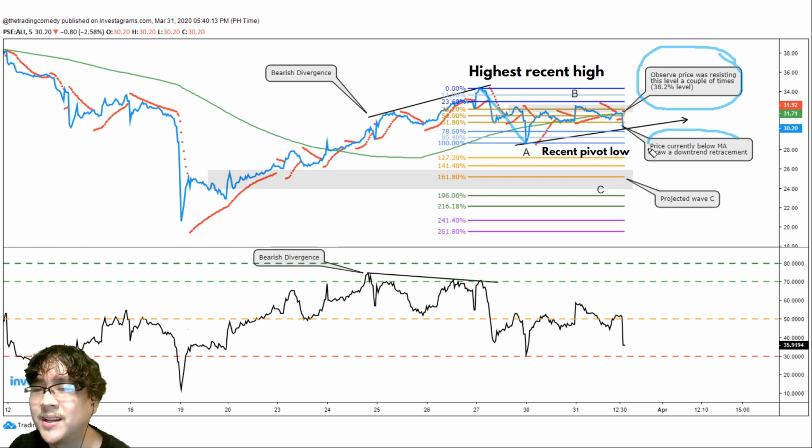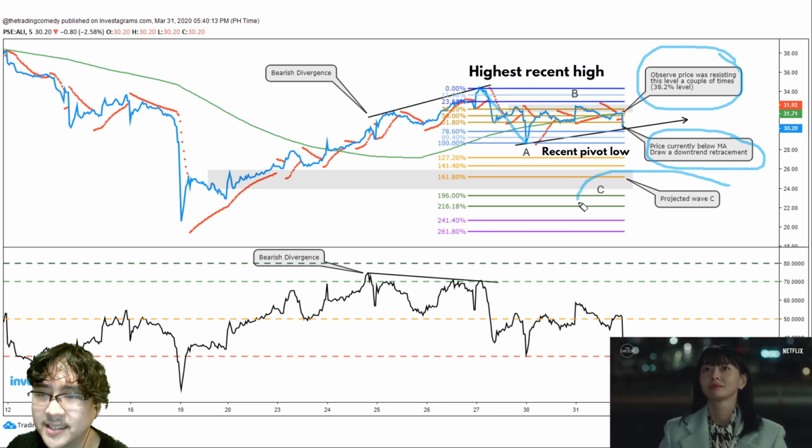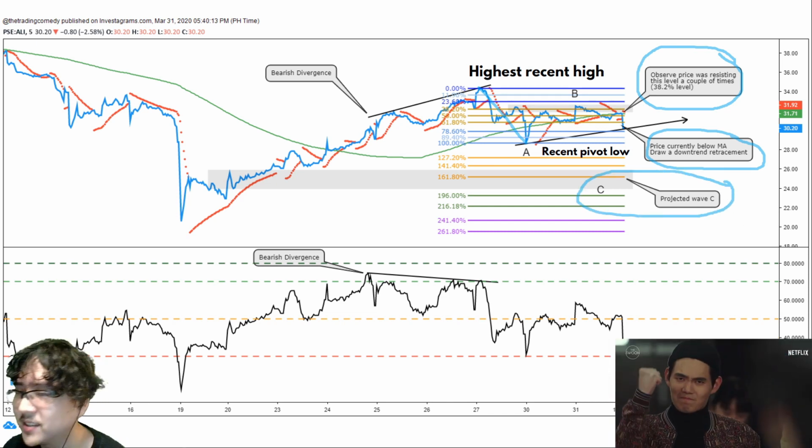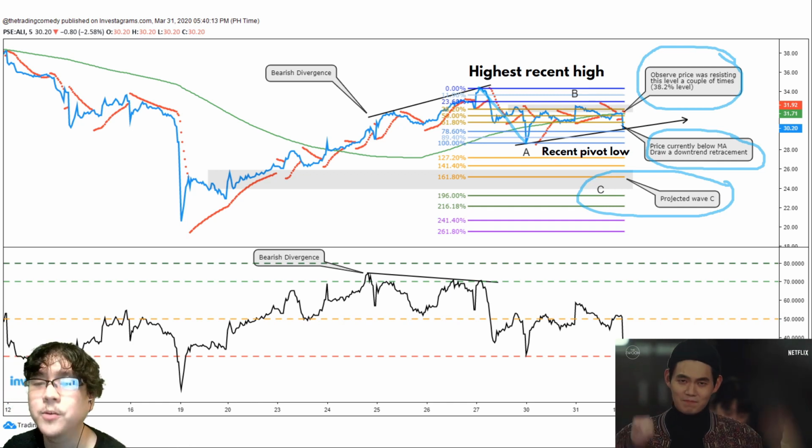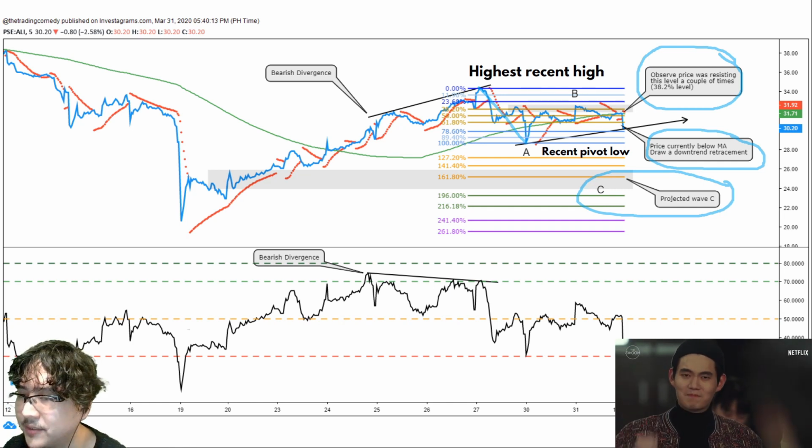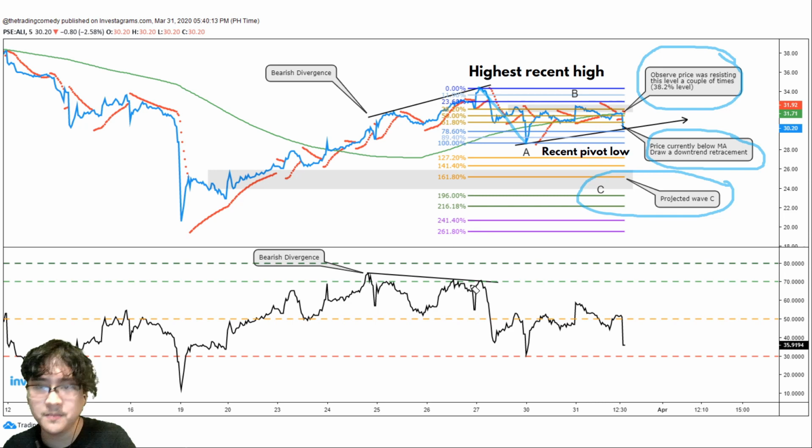And the price is below the MA as shown in the previous slide. Okay? Dami ko lang drawing kaya hindi nakita. And this is probably the projected wave C. Okay? Hope that's clear. Anyway, moving on.